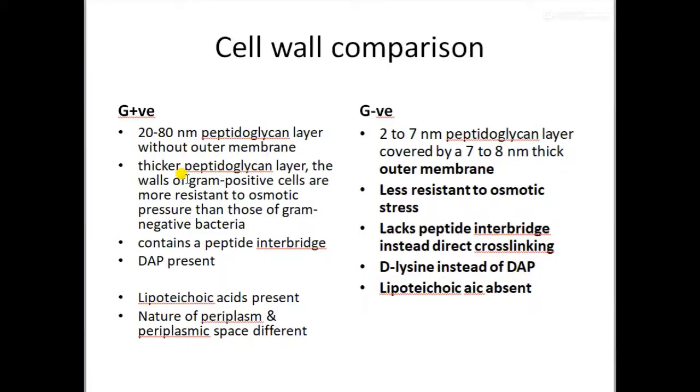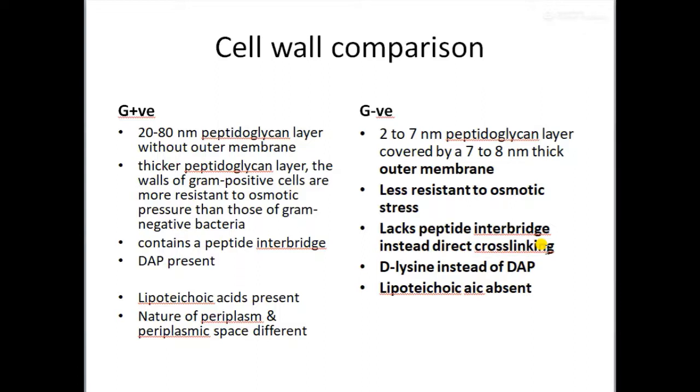And because of the thicker peptidoglycan layer, the walls of the gram-positive bacterial cells are more resistant to osmotic pressure than those of the gram-negative bacteria, but gram-negative bacteria has been found to be less resistant to osmotic stress. And the gram-positive bacteria, they do have peptide interbridges. Here, in gram-negative, they lack peptide interbridges, but instead they have direct cross-linking between the amino acids.